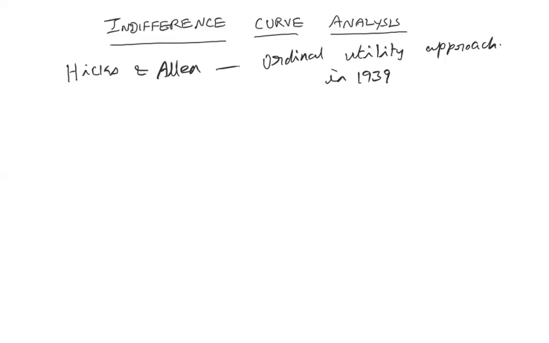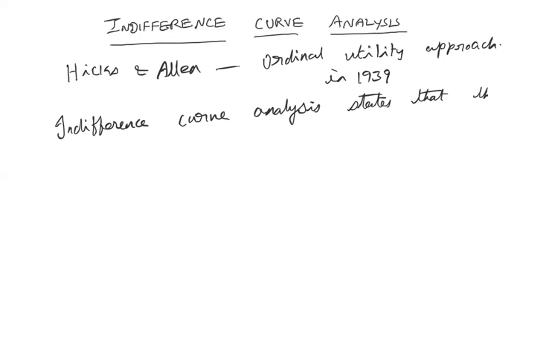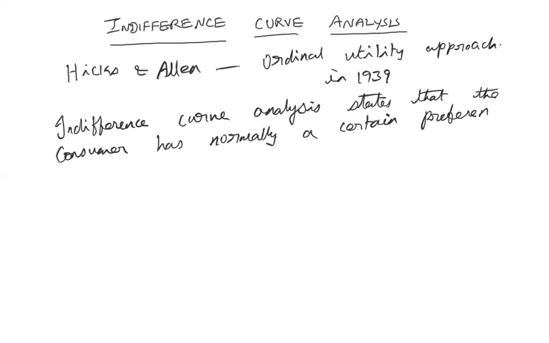Now, as per the indifference curve analysis, the consumer can express his preferences over a set of combinations of commodities. The indifference curve analysis states that the consumer normally has certain preferences. See, normally we all have certain priorities, isn't it?